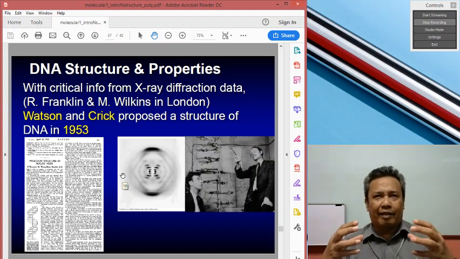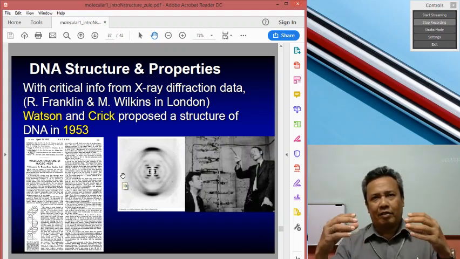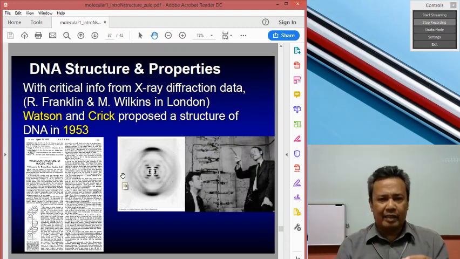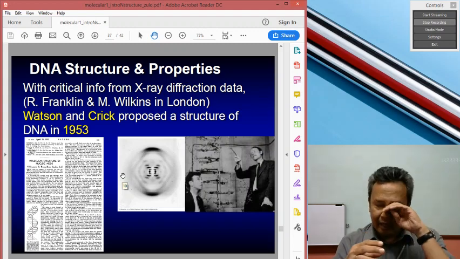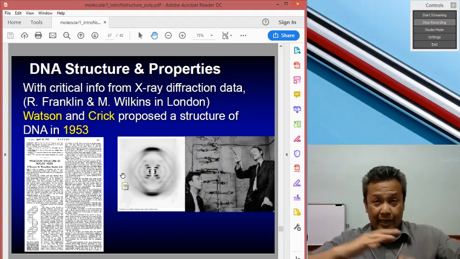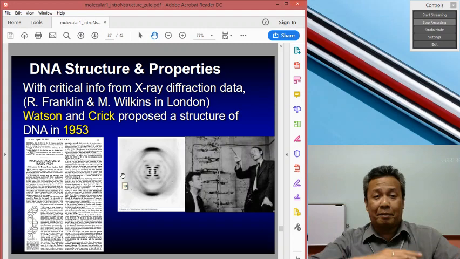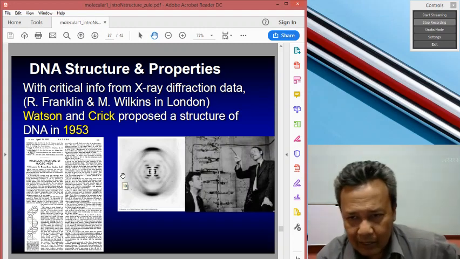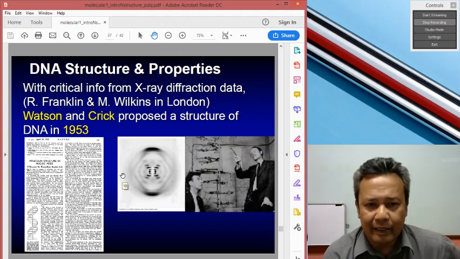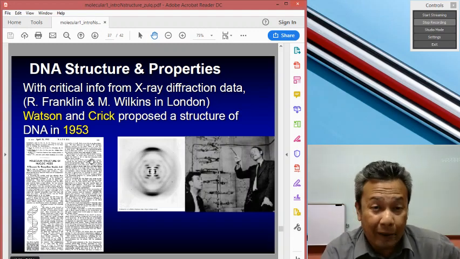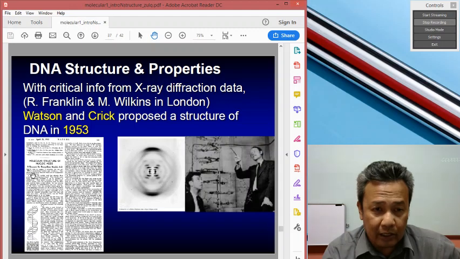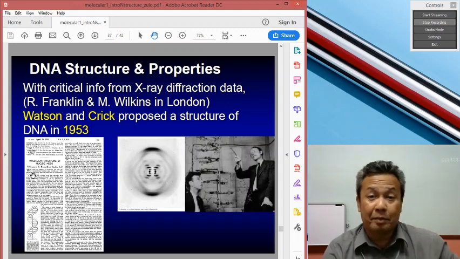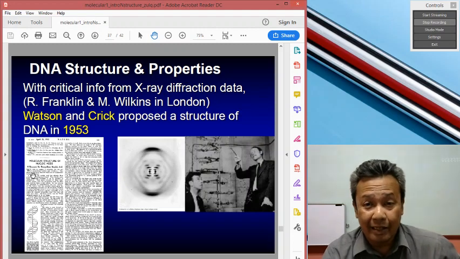They found that the only way to get the A and T pairing is if the DNA is anti-parallel with specific pairing. That's how they came up with this proposal of the DNA structure. This is the actual paper, A Molecular Structure of Nucleic Acids, published by Watson and Crick in 1953, which won them the Nobel Prize.